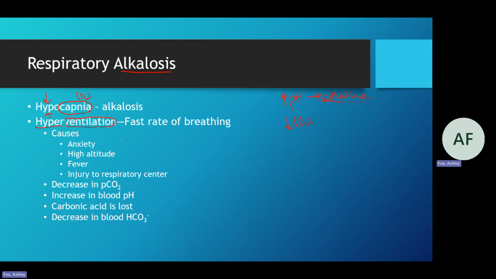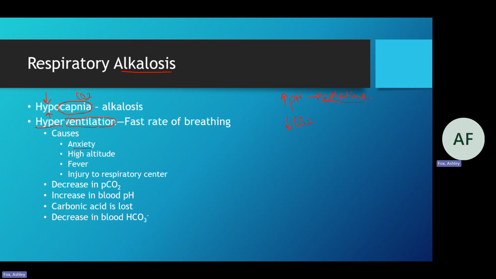If you have a panic attack, hyperventilation can occur. Sometimes fever or injury can increase your breathing rate. High altitude can increase your breathing rate because of lower oxygen levels as well. So you're trying to get more oxygen and you're breathing off too much carbon dioxide.